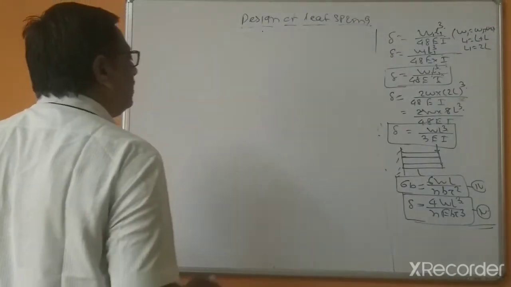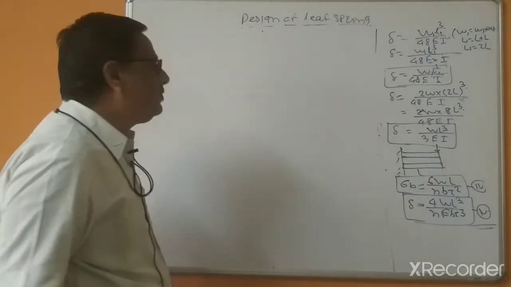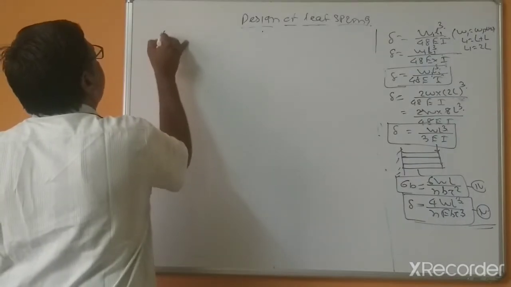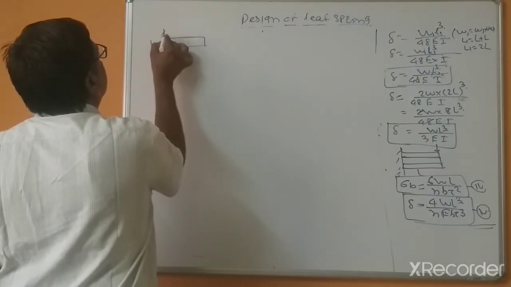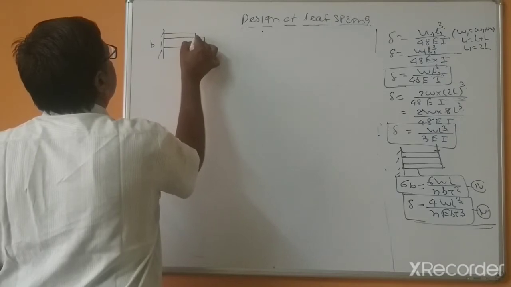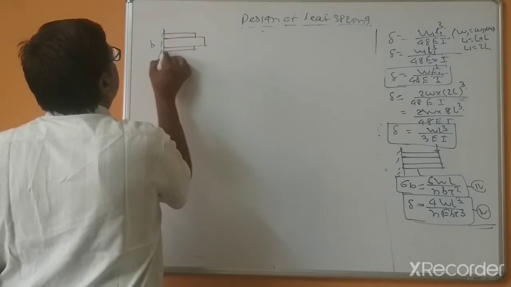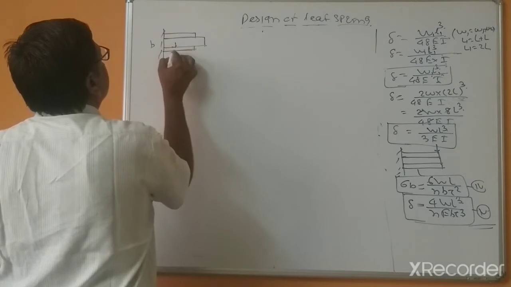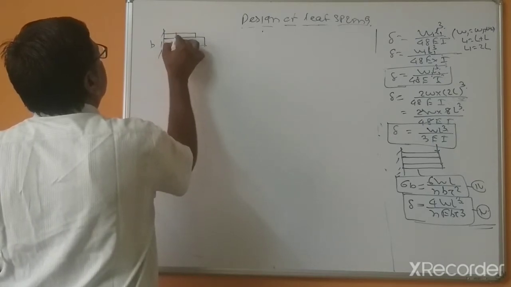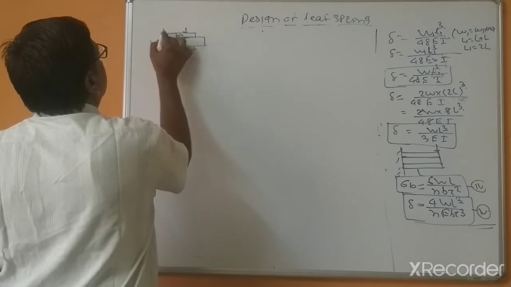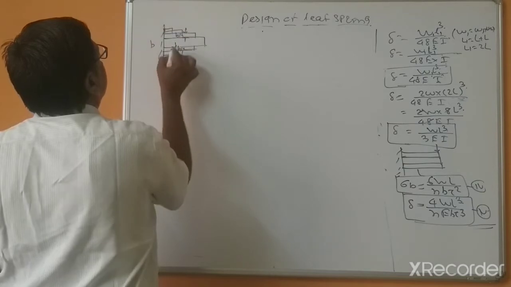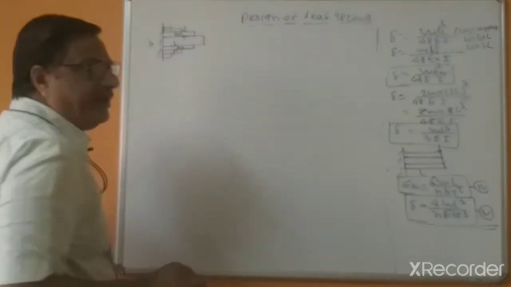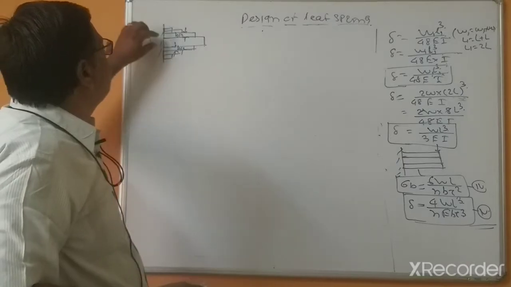Now instead of such type of uniform distribution of the bending stress, so this is the B. Now this is the second, triangular type we can consider, and this is the B by 2. Likewise, if we are considering uniform distribution of the bending stress, otherwise the bending stress is maximum at the ends.